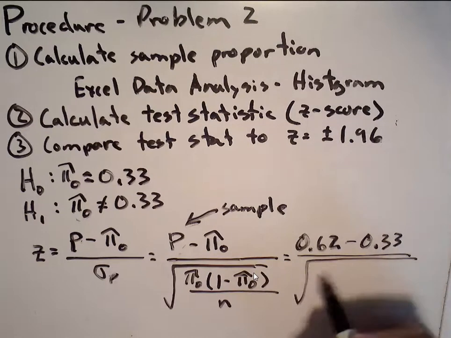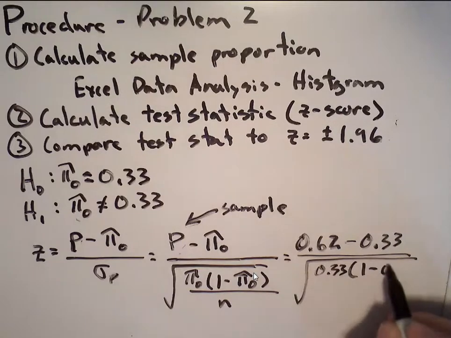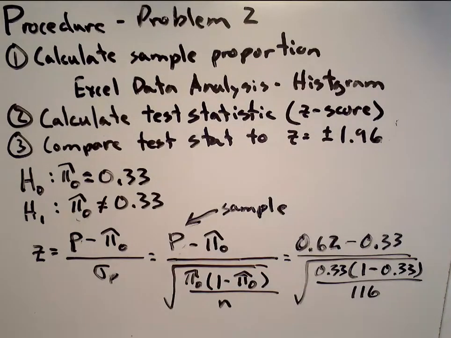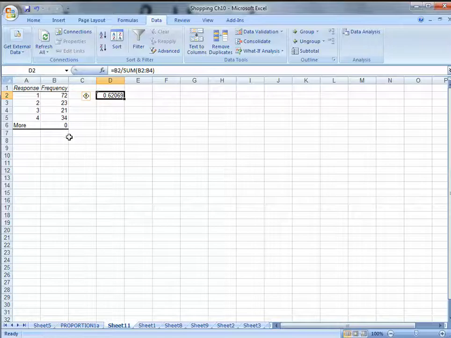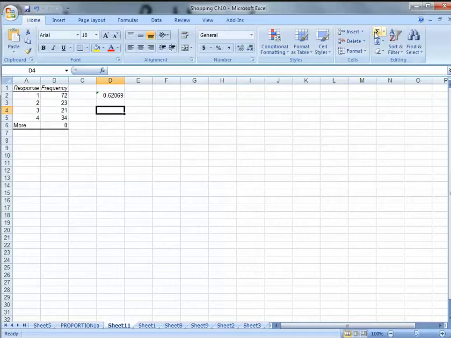But let's run the numbers. Okay, so hypothesized proportion 0.33 times 1 minus 0.33 divided by, there were 116 values. I didn't put that in our spreadsheet, but if we just sum up those three values, and I'll put it over here. I want a sum of these three things.